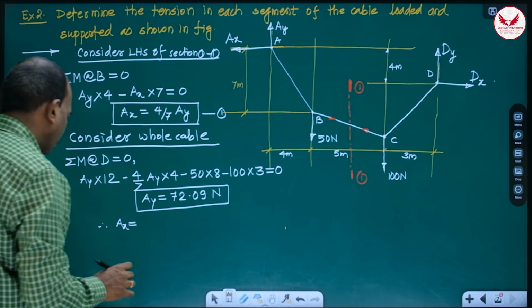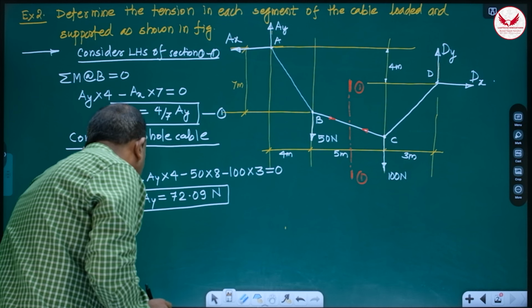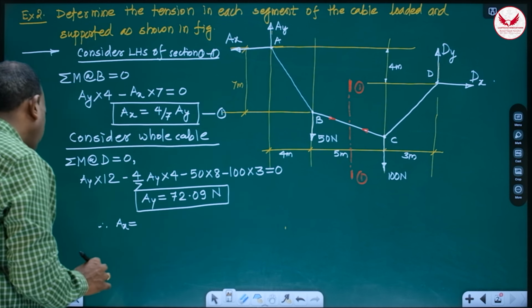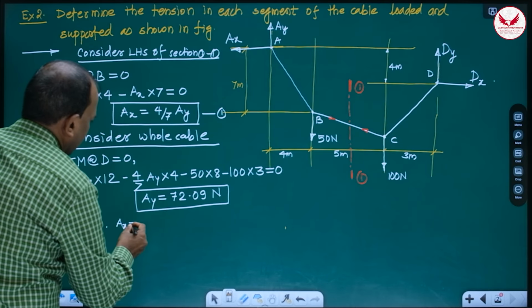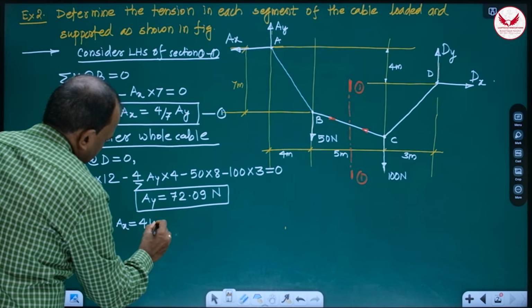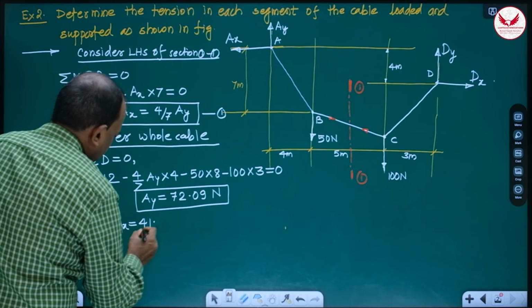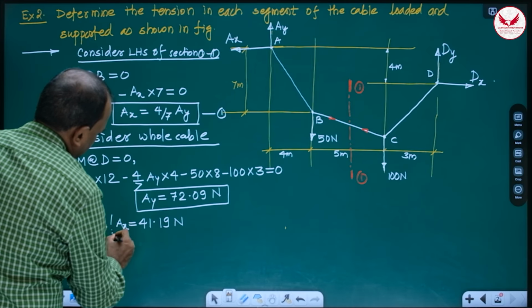It is 41.19. So AX is going to be 41.19.